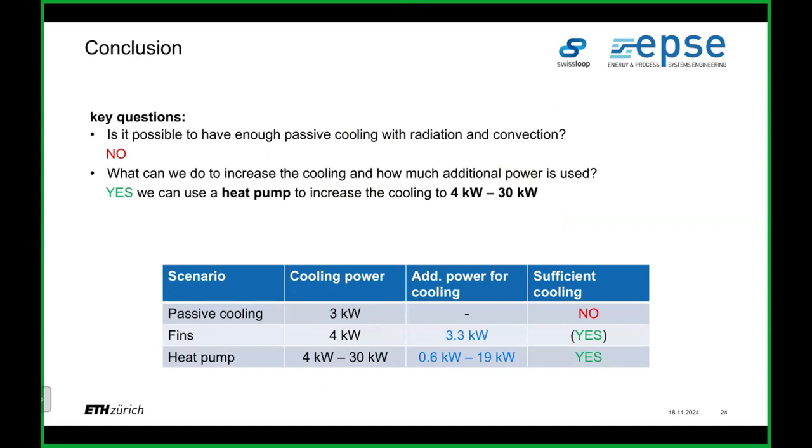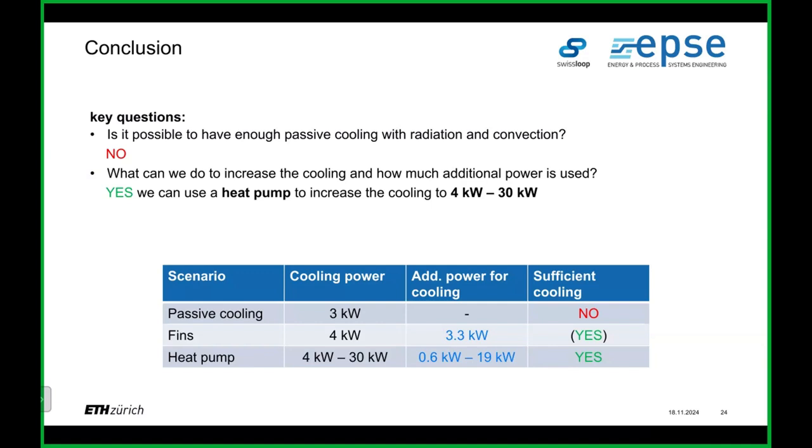To summarize everything, here again I have the two questions from the beginning. The first one we answered with no. The passive cooling is not enough, and that's why some improvement is needed. With the heat pump, it's possible to cover this whole range of 4 to 30 kilowatts.